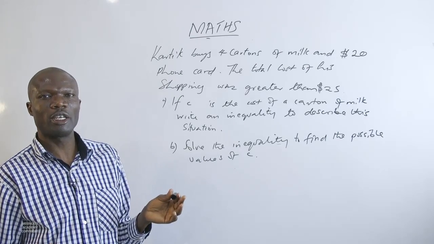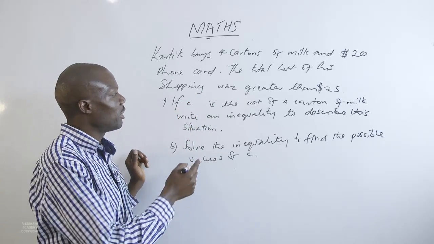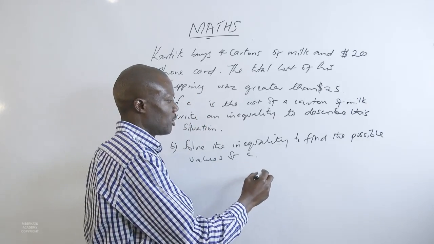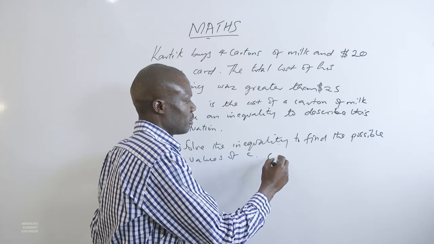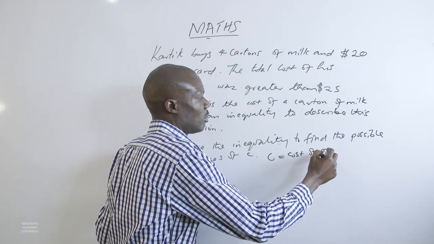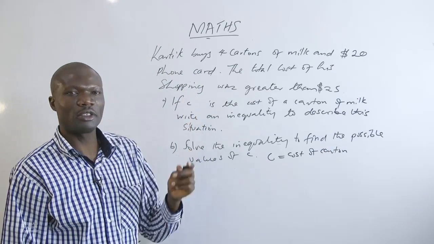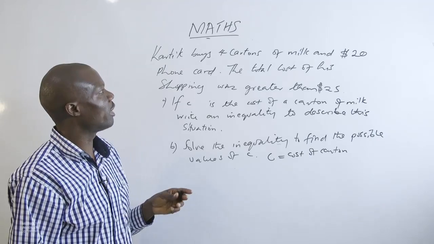So we want to find an inequality that will describe the situation, given that C is the cost of a carton of milk. And how many cartons are bought? There are 4 cartons.